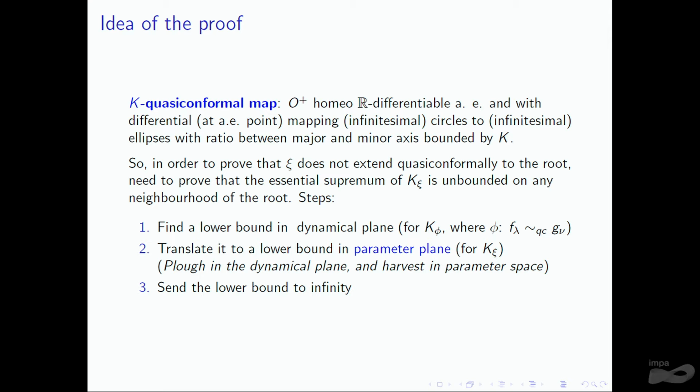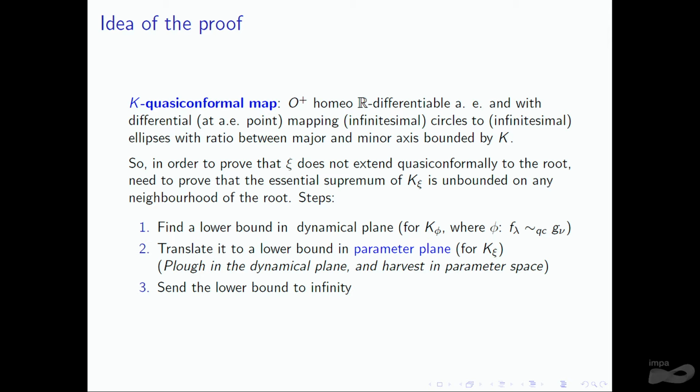We say that a K-quasi-conformal map is an orientation preserving homeomorphism which is differentiable almost everywhere, and it has a differential at almost every point, which maps infinitesimal circles, assume this is a circle, to infinitesimal ellipses.